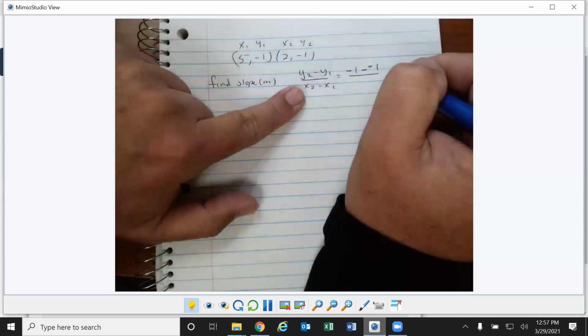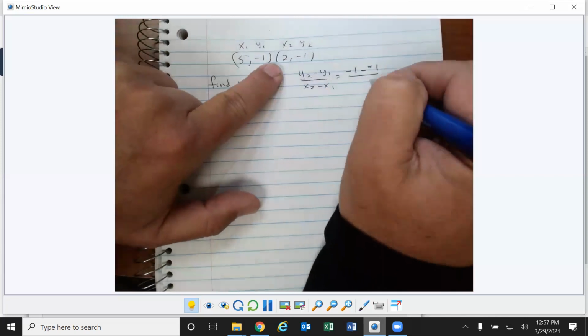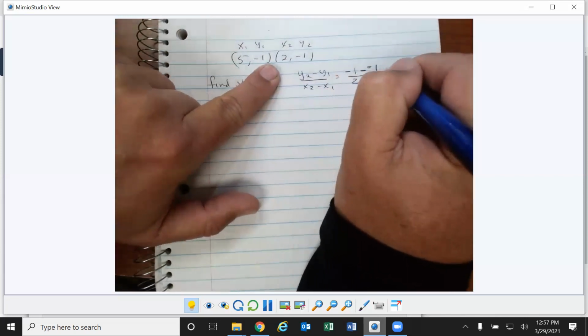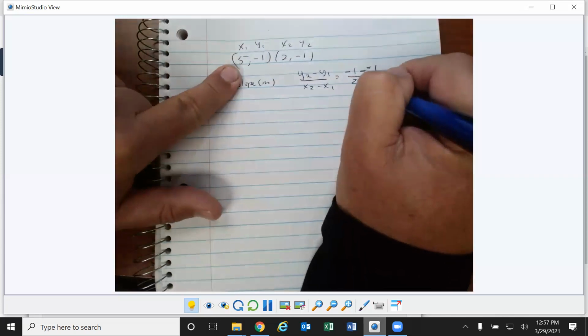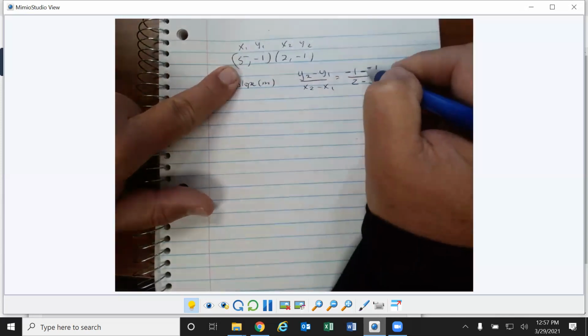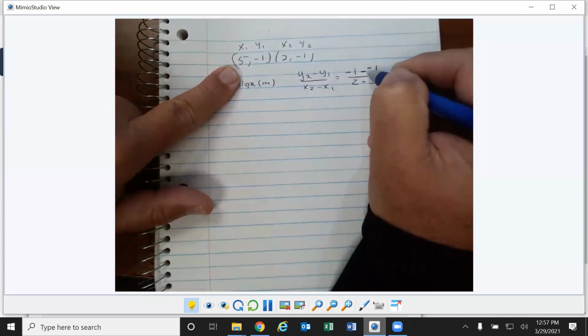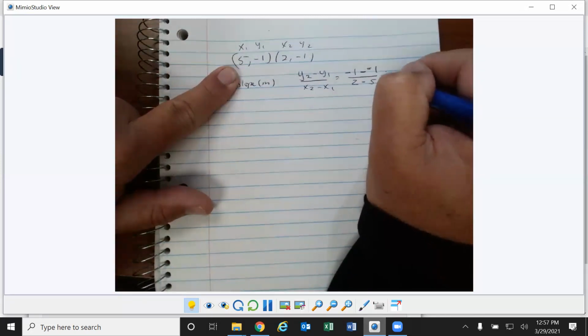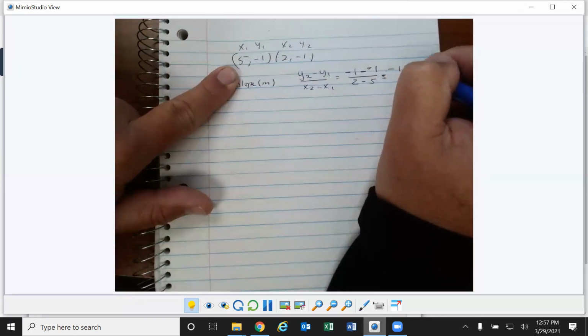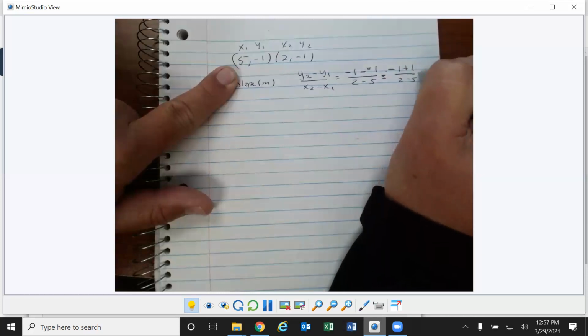My x2 is 2 minus my x1 is a 5. So I have a double negative here. You know that makes it a plus. So it's going to be -1 plus 1 over 2 minus 5. That's going to be 0 over -3.